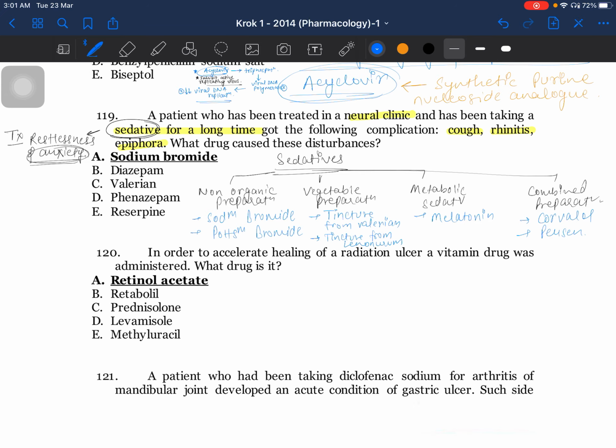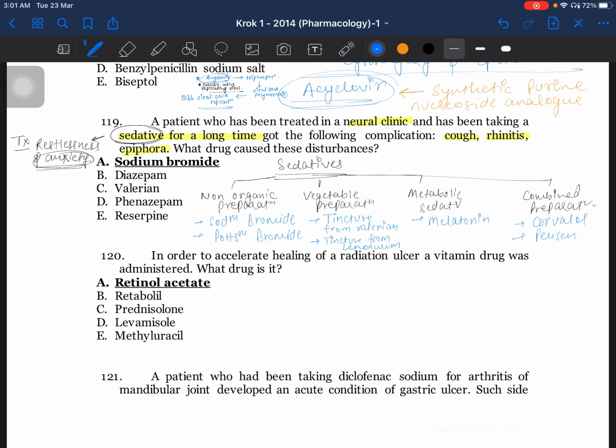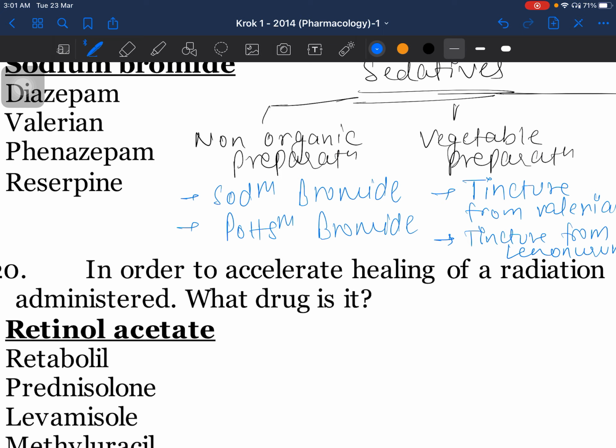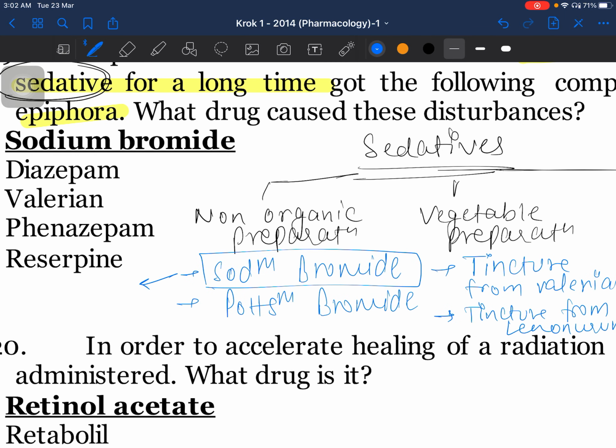Now let's talk about the mechanism of action of sodium bromide, because from the options you can see that only sodium bromide is the sedative which is given in options. You can also think by the side effects, because the side effects such as cough, rhinitis, watery eyes, which is also known as epiphora, and skin rash are basically caused by sodium bromide.